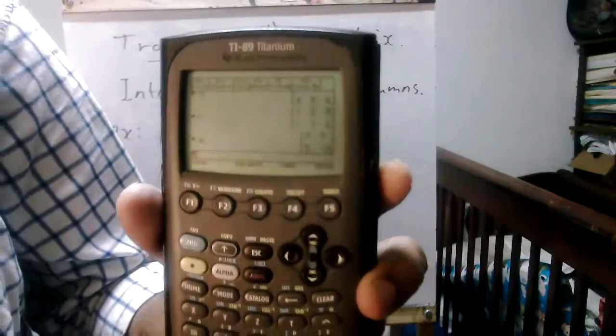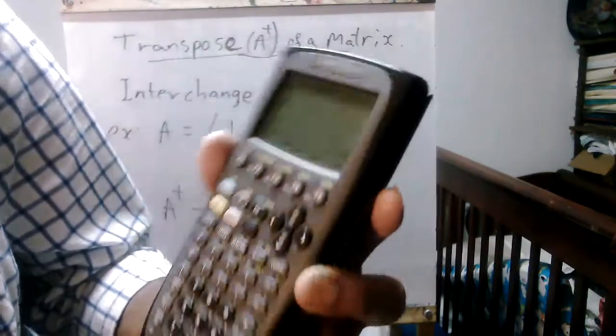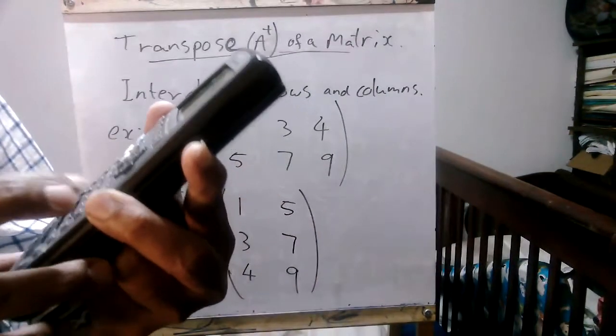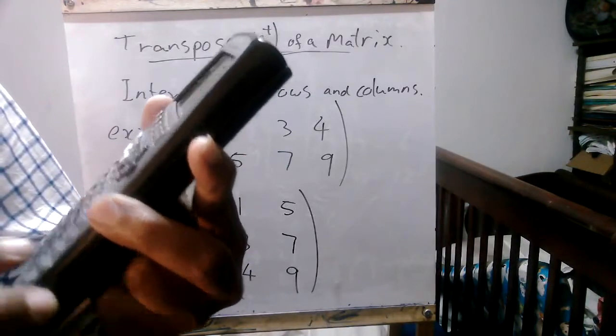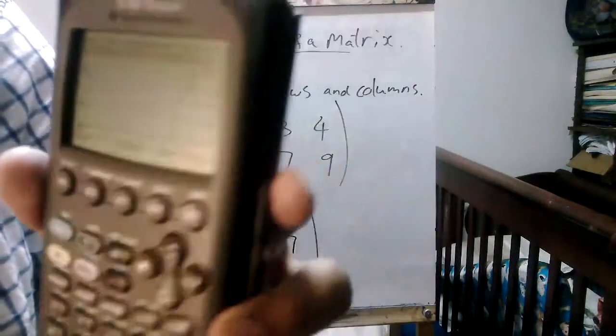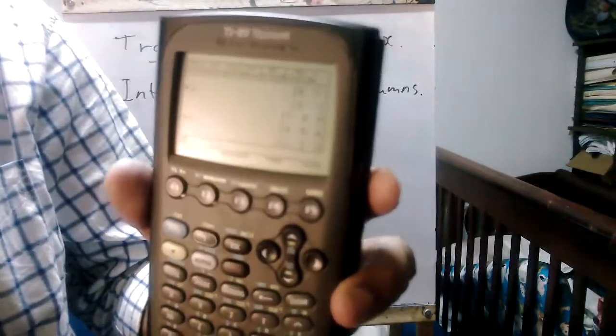I try to show you my best. You see 2 by 2 matrix here. Now I enter B, alpha B. I got 3 by 3 matrix. I entered this before, 3 by 3 matrix.